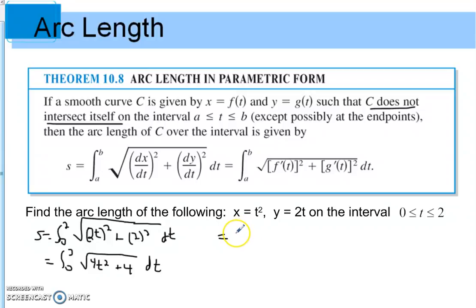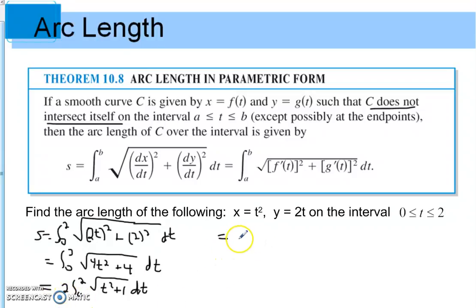In fact, let's do what I talked about just a second ago first. If I pull the 2 out, it's going to look like 2 times the integral from 0 to 2 of the square root of t squared plus 1. If you're not sure where that came from, take a look. Ask me later if you need a chance to take a peek at that.